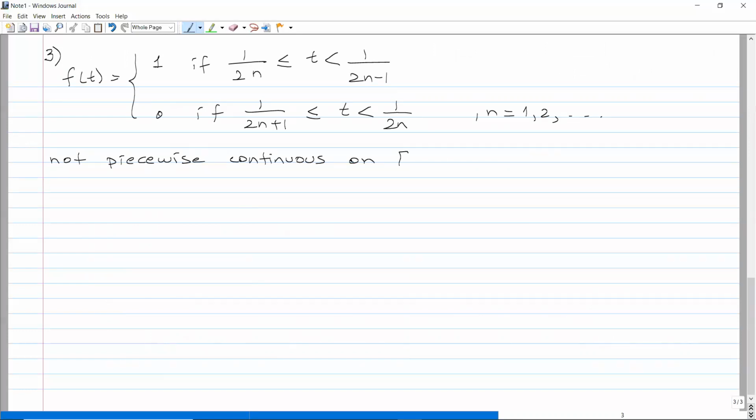On the interval 0, 1, it has jump discontinuities at infinitely many points.